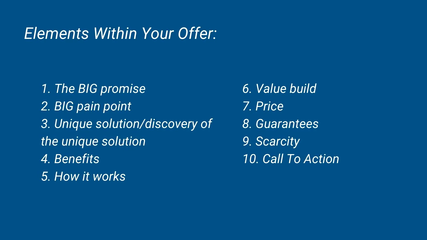Then it's the benefits. 5 is how it works, the value build, the price, the guarantee, the scarcity, and finally, the call to action. Just having these basic elements will help develop the message of your offer. And if you want a deeper dive into how to make the offer, just let me know in the comments below and I'll make sure to make a full tutorial video about this.